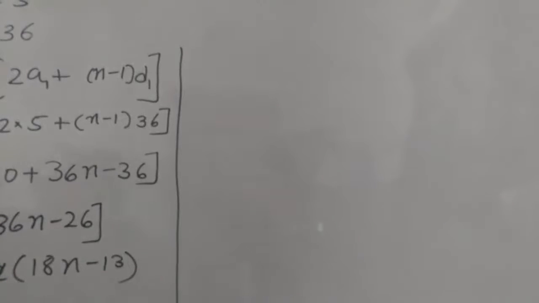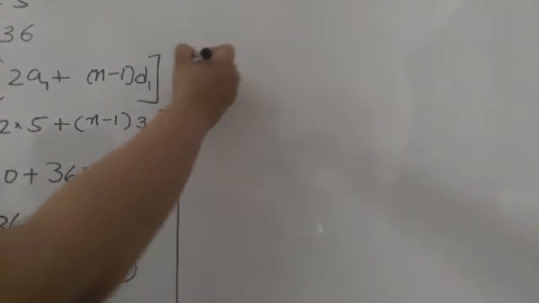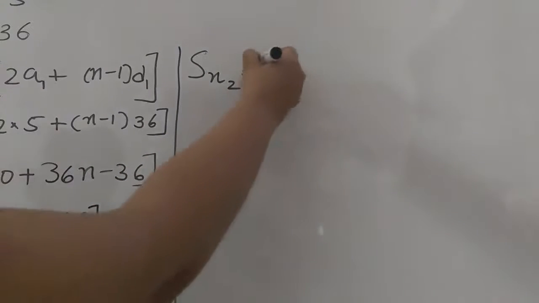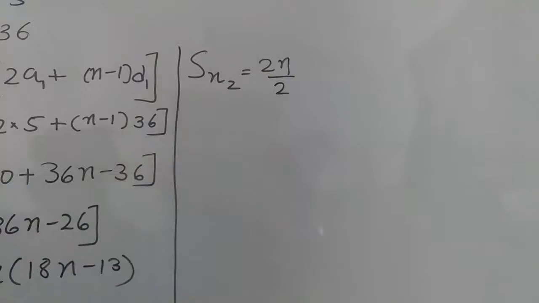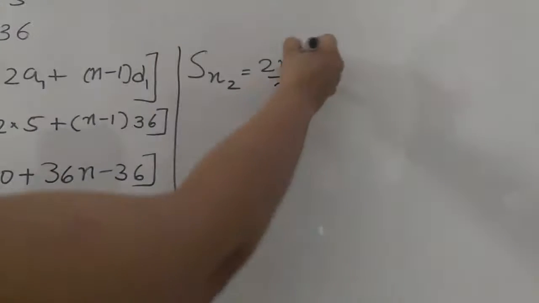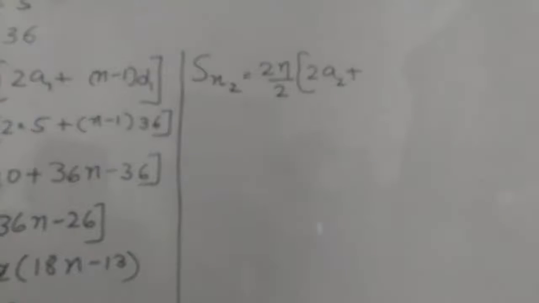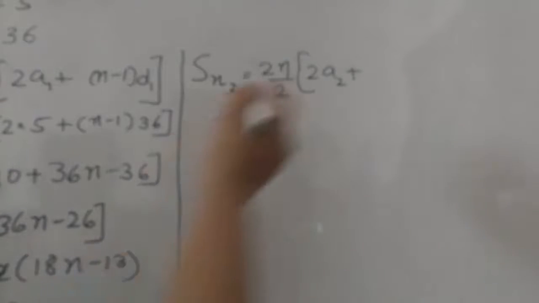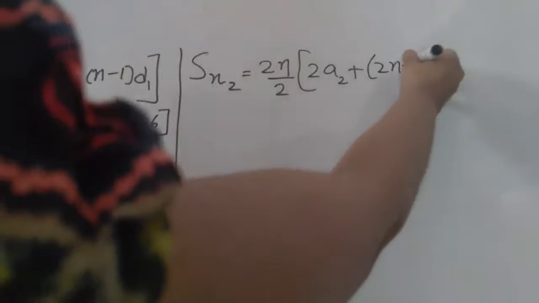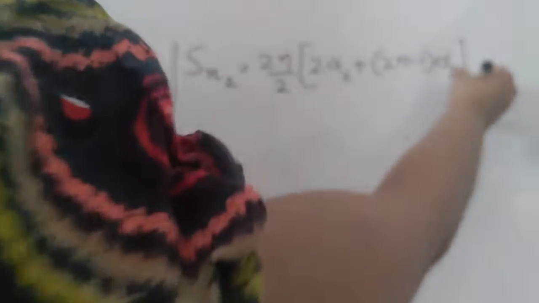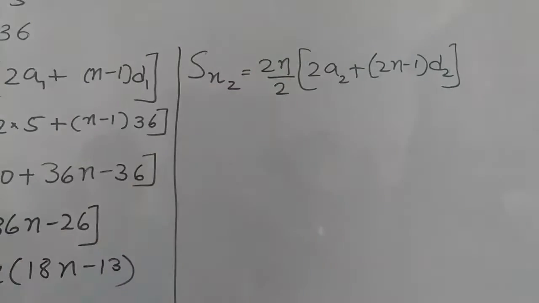In the first AP it is n terms and in the second it is 2n terms. So instead of n I put 2n upon 2, according to the formula, 2a2. Why a2? Because our notation here is different, plus 2n minus 1 into d2. Why 2n? Because we are taking 2n instead of n, as this is the AP with 2n terms.